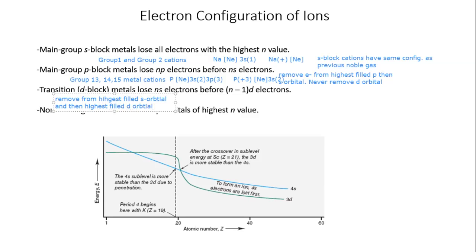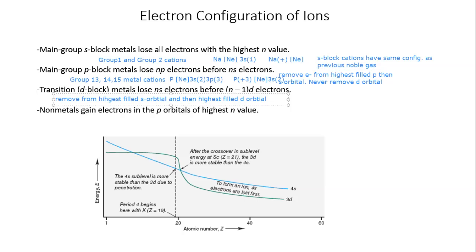And again, the reason is because once the electrons occupy the orbitals, then the s and d switch in energy. So then the 4s is higher in energy than the 3d. And the same goes for 5s and 4d.